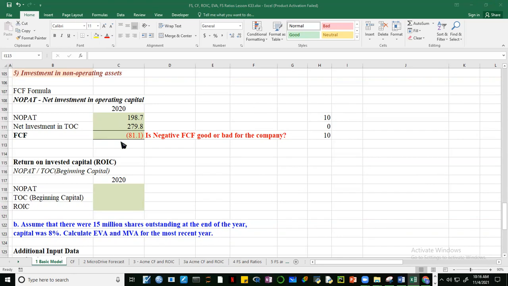Is negative free cash flow automatically bad? Not automatically. Is positive free cash flow automatically good? Also not automatically. We have to look at the layers used in computing free cash flow. So take a look at NOPAT, take a look at net investment in TOC. Okay, is that clear, guys? Kindly chat, please, if it's clear.